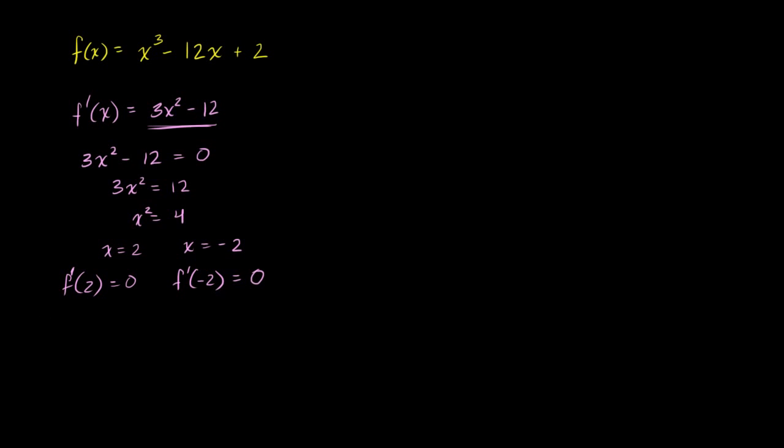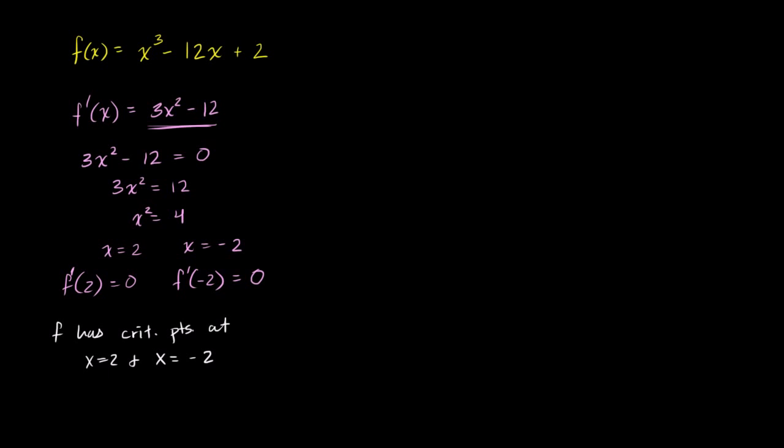So we can say, and I'll switch colors here, that f has critical points at x equals 2 and x equals negative 2. Well, that's fair enough, but we still don't know whether they're minimum points, where the function takes on minimum values at those points, maximum values at those points, or neither. To figure that out, we have to figure out whether the derivative changes signs around these points.